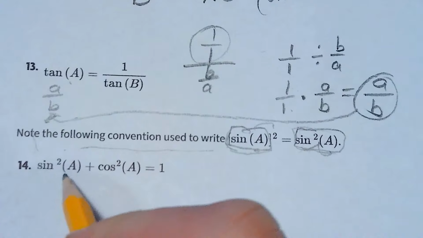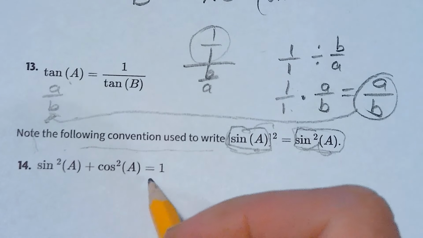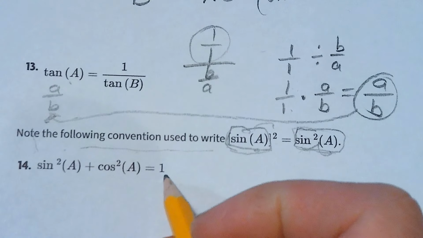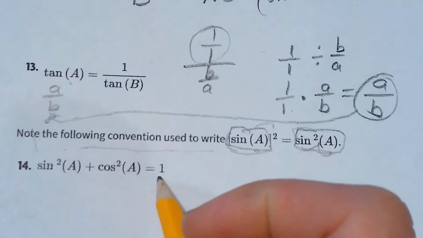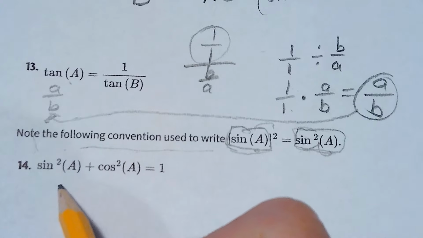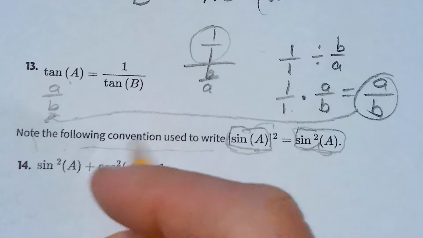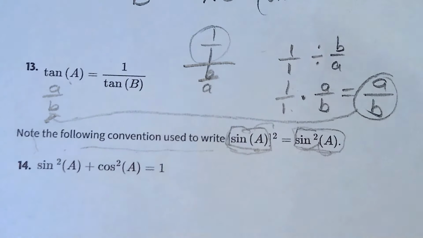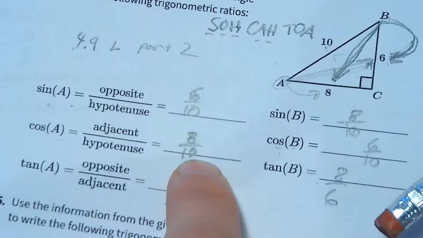So if you take the sine of A and square it, and then you add the cosine of A and square it, will that equal 1? What are they even talking about? Well, let's try an example. Six over 10, 8 over 10.